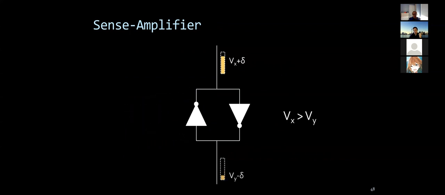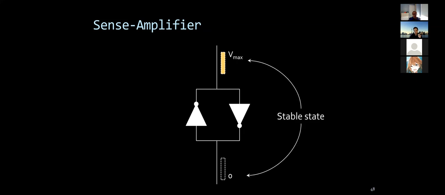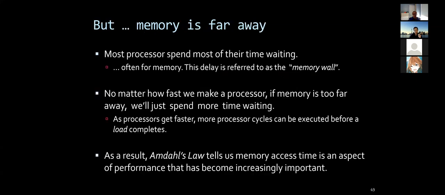So something that's bigger than half goes closer to the full value, and something smaller than half goes closer to zero. So it would be detected as 0 and 1. It just fixes the loss in charge in the right direction, so you get either maximum or minimum. That's what the sense amplifier does, right? It adds delta to the charge, and that's a stable state.